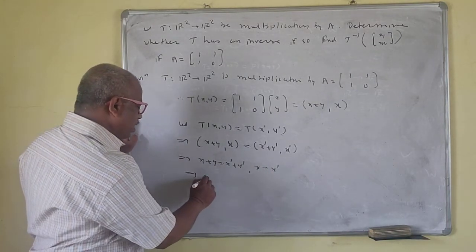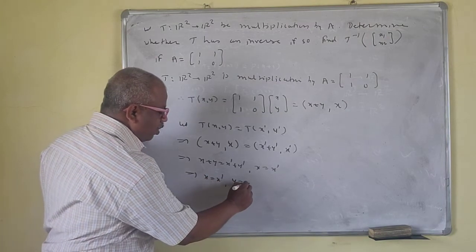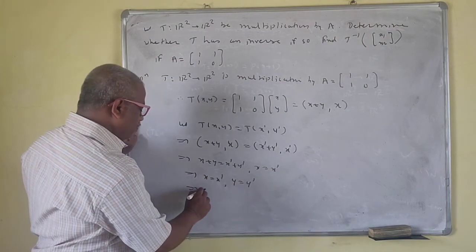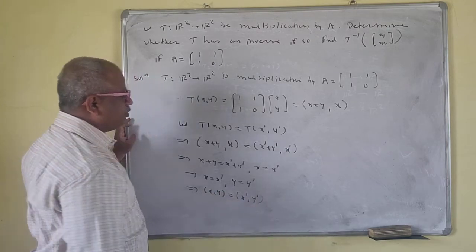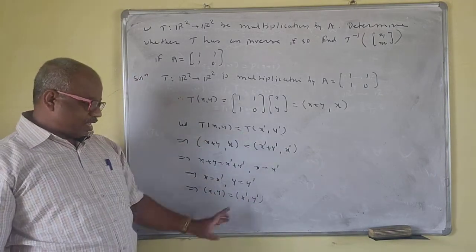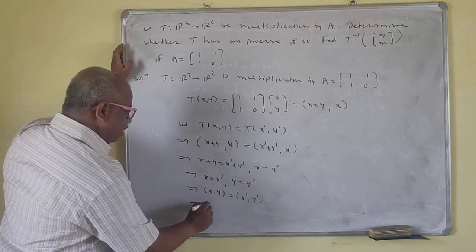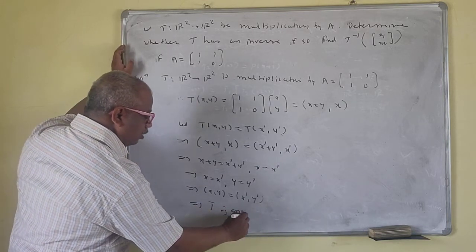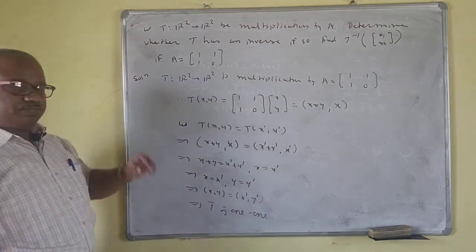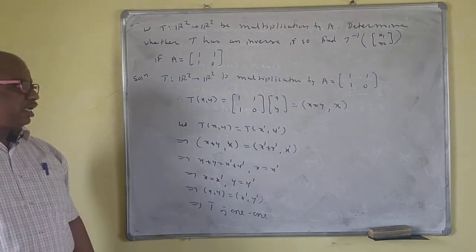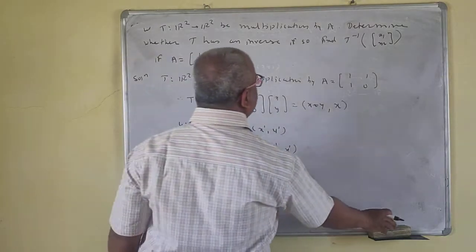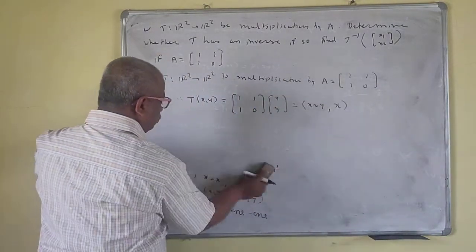So this implies that (x, y) is the same as (x', y'). So T is 1-1. Now what do we have to prove? T is onto.